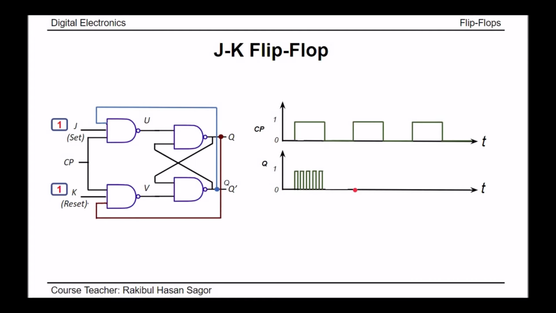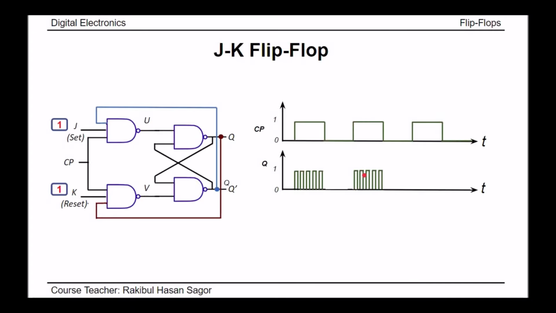Again when the clock pulse triggers, this 0 will be toggled because J, K are still 1 1. So it will become 1, and as long as the clock pulse equals 1, it will keep toggling, and again 0 will go to 1.